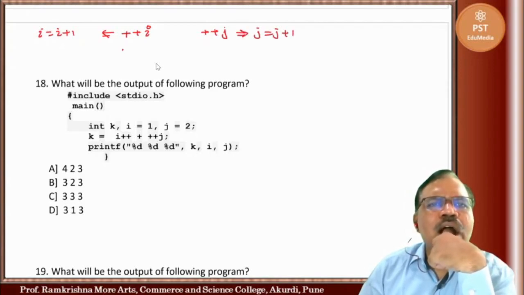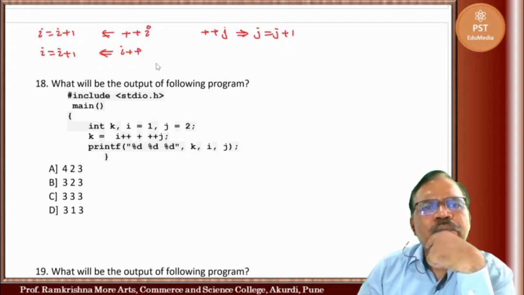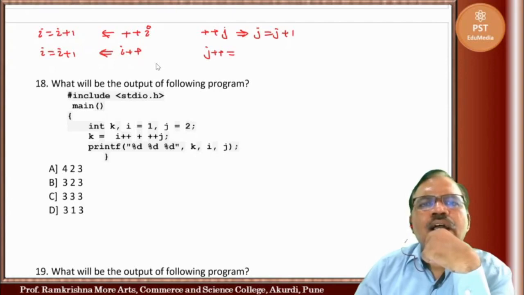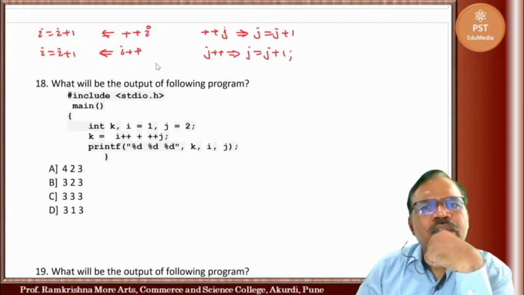Or you can have i++, which is also i equal to i plus 1, and j++, which is j equal to j plus 1.